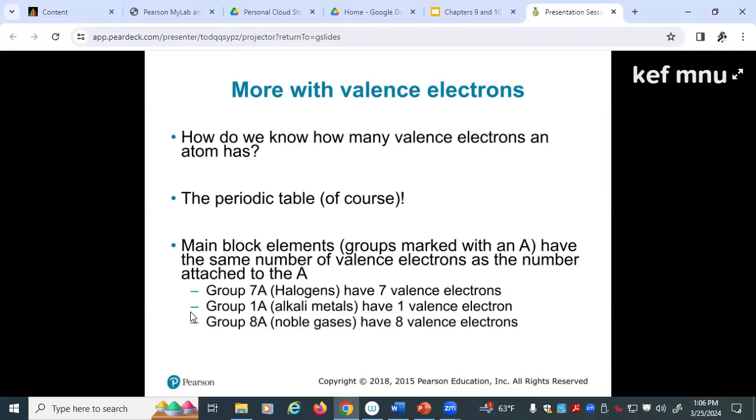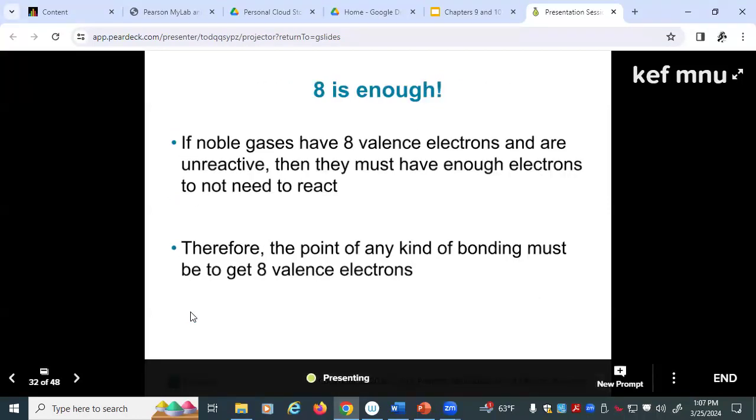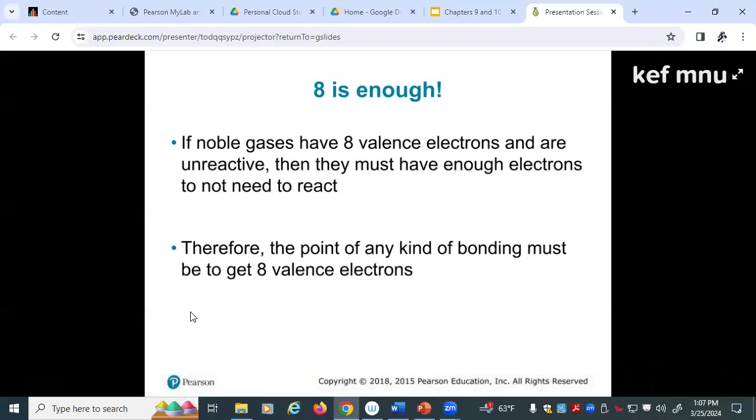The periodic table tells us how many valence electrons we have, and the octet rule tells us how many electrons we're shooting for. So the whole purpose of bonding, according to the octet rule, is for an atom to get to 8 valence electrons.